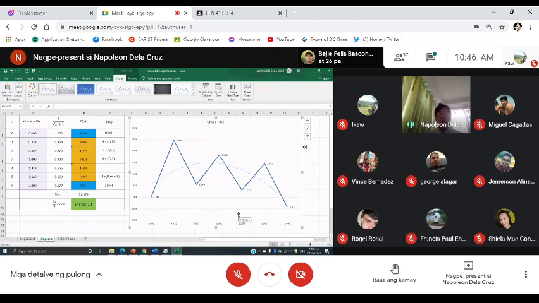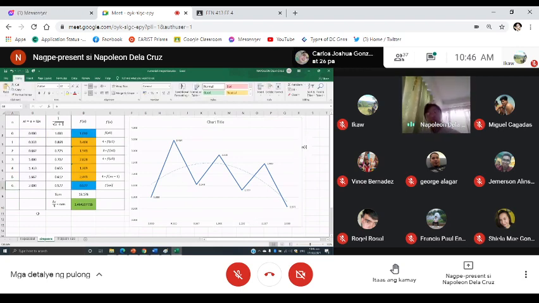Pero, kung dadami pa yung n at lagpas pa sa 6, magiging 8, 10, 12, 14, 16 dahil n sa Simpson supposedly ay even. Pag dumami pa yan, naging 10, 12, 14, 16, 18, 20, 100, 120, mas magiging accurate ang ating pagsosolve ng value ng area under the curve.